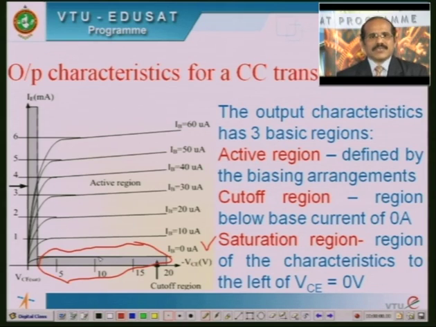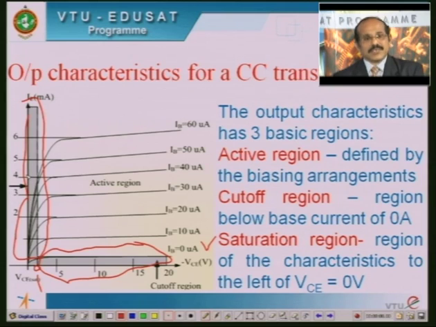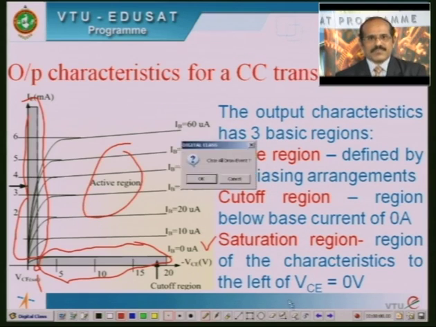In this region almost no conduction of current takes place, only a leakage current flows. And the shaded region to the left of VC equal to 0, this is the VC equal to 0 point, is called the saturation region, and the region between the saturation and cutoff regions is called the active region.